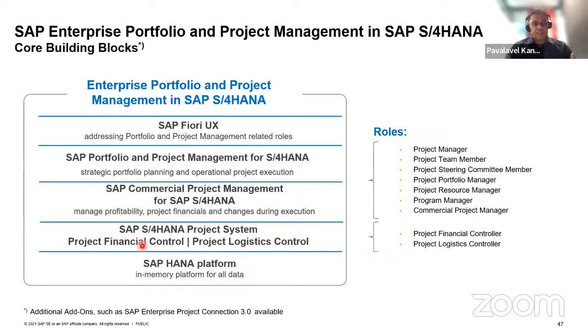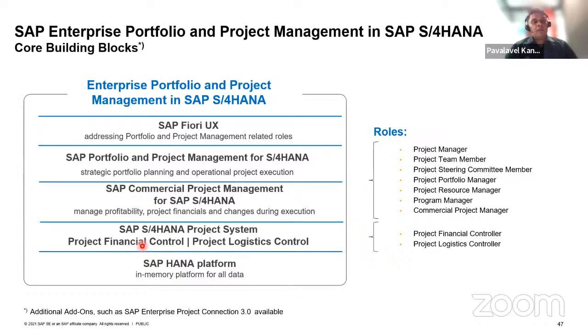You have project financials. So above your operation level, you have commercial project management to execute your projects. And then you have portfolio and project management to have visibility of your individual projects at a portfolio level and a strategic level.